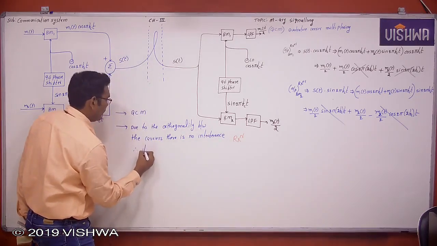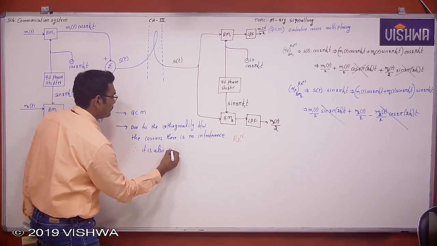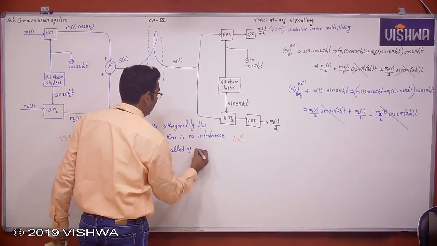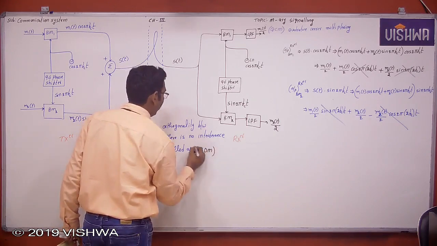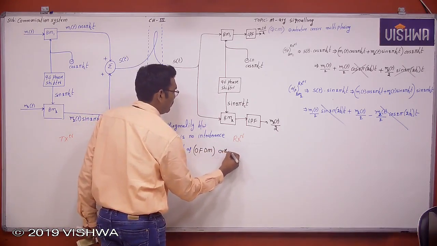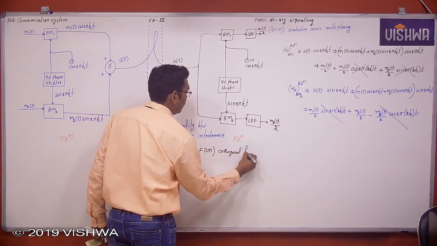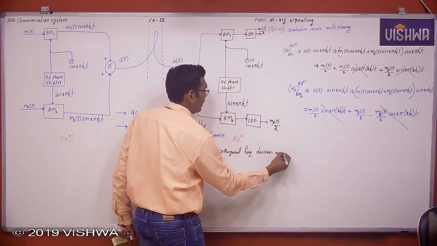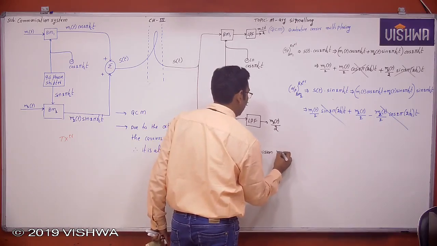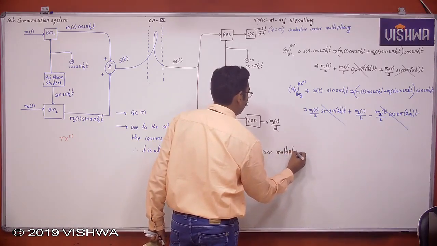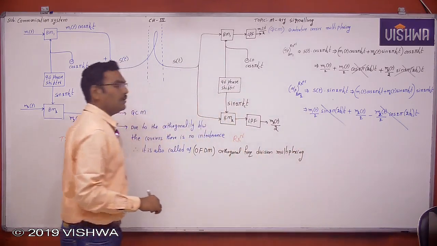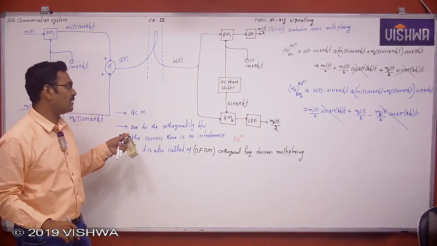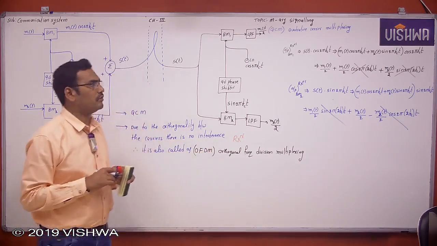Therefore, it is also called orthogonal frequency division multiplexing, OFDM. Orthogonal frequency division multiplexing, OFDM. Okay. Due to the orthogonality between the carriers, there is no interference. Therefore, this quadrature carrier multiplexing is also called orthogonal frequency division multiplexing.